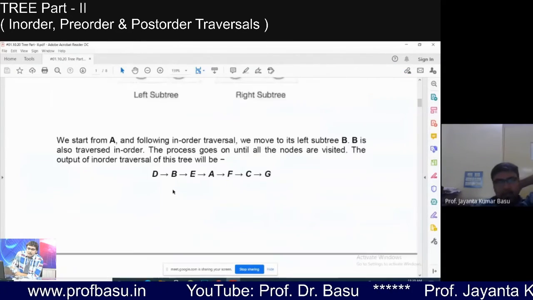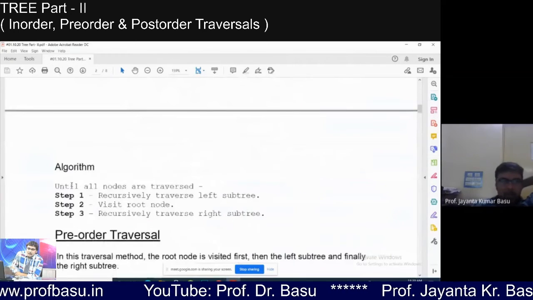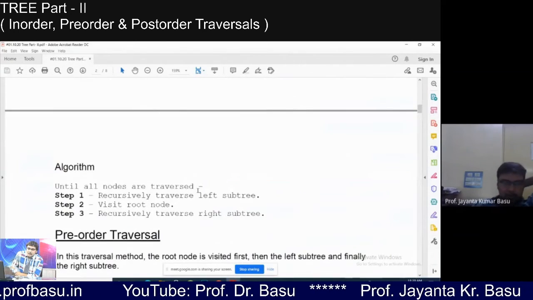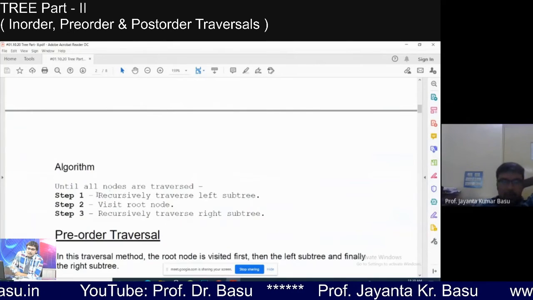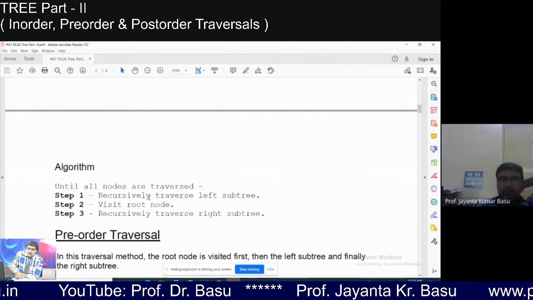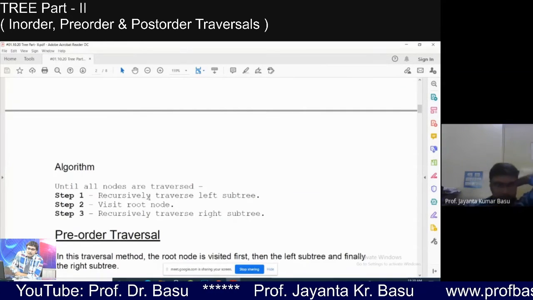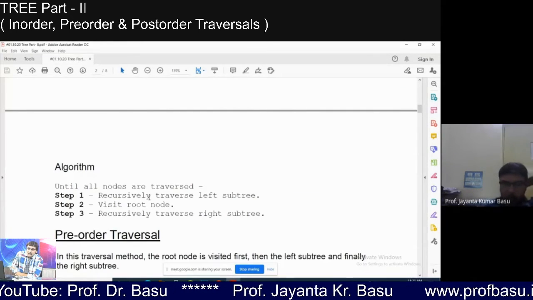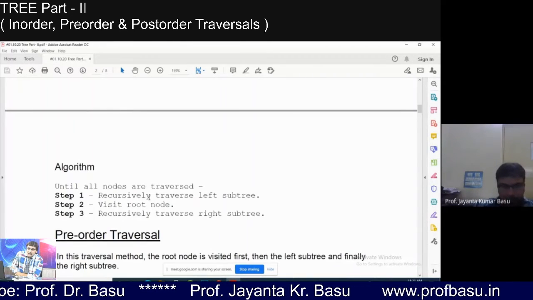See, the algorithm is very, very easy for this traversal. What is it in here? Until all nodes are traversed, recursively traverse left subtree. This recursively means repetitively, right? If a function is called repetitively, the function calls itself.